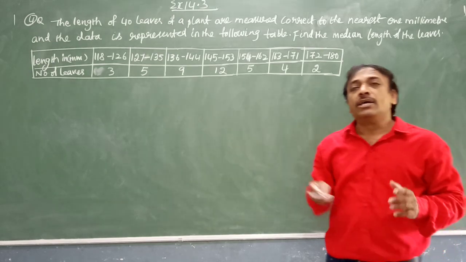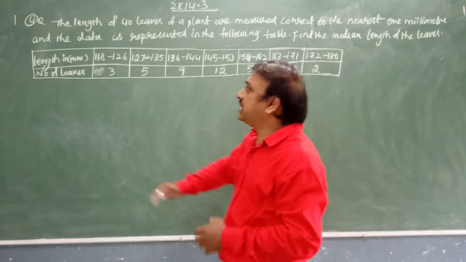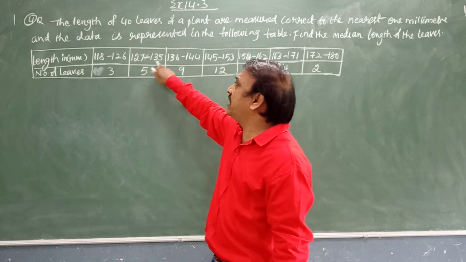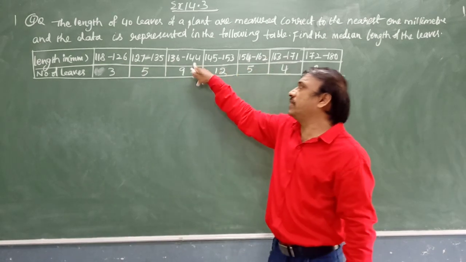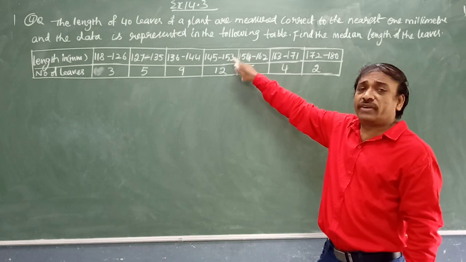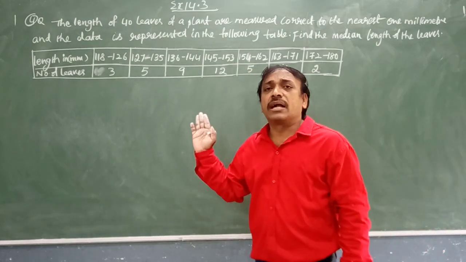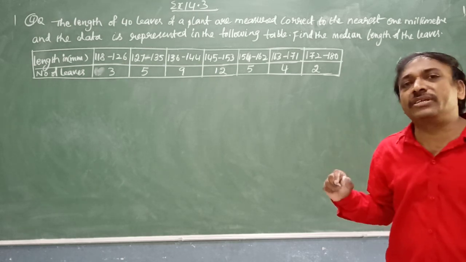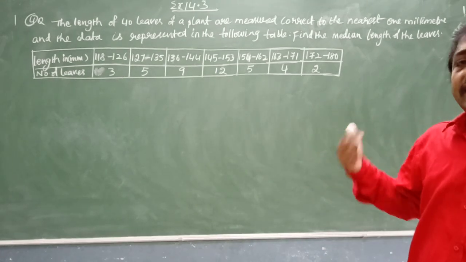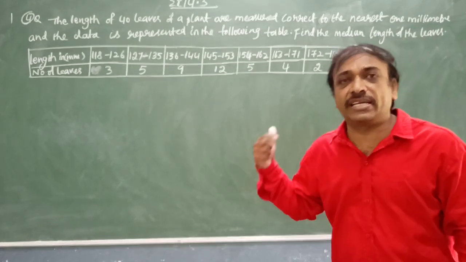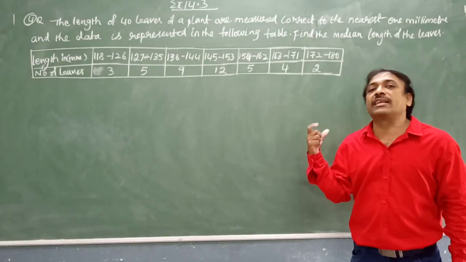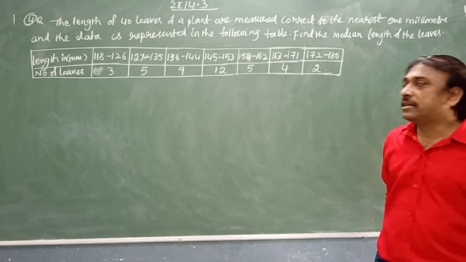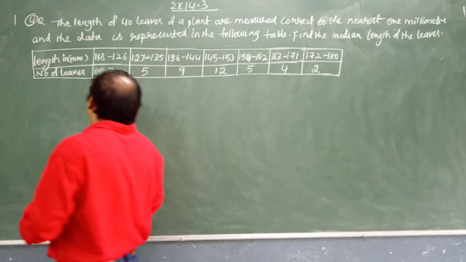The median length of the leaves is nothing but the median of the data. For that, first you see the class intervals: 118 to 126, 127 to 135, 136 to 145, 145 to 153. Is the data continuous or discontinuous? The data is discontinuous, so you first need to convert it into continuous class intervals.